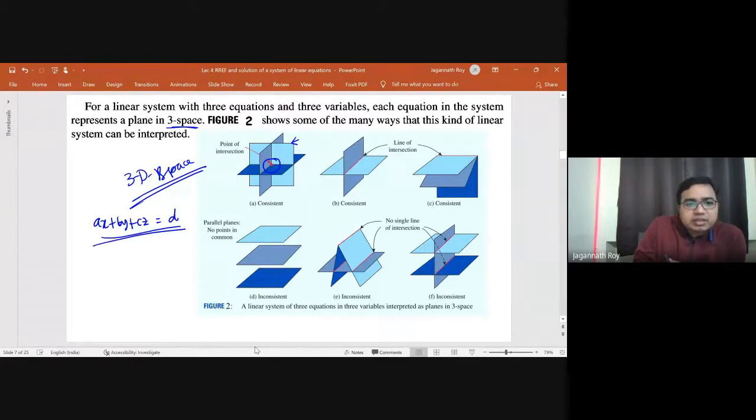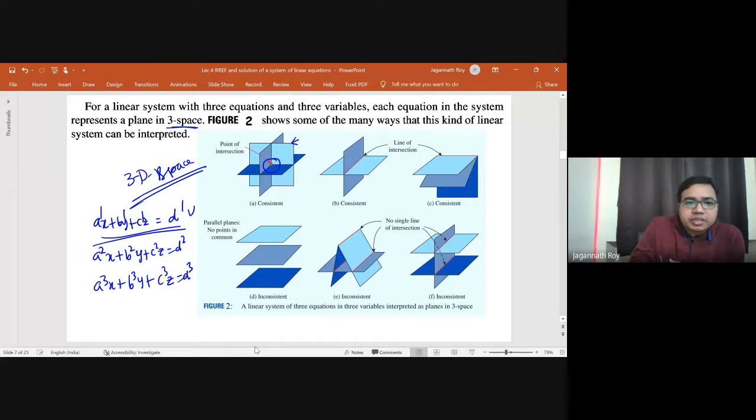Similarly, this can be generalized as a1x plus b1y plus c1z equals d1, then a2x plus b2y plus c2z equals d2, then a3x plus b3y plus c3z equals d3.